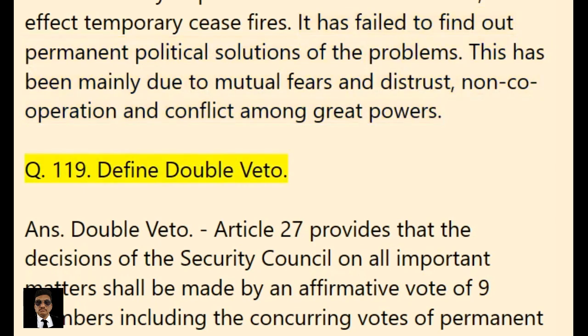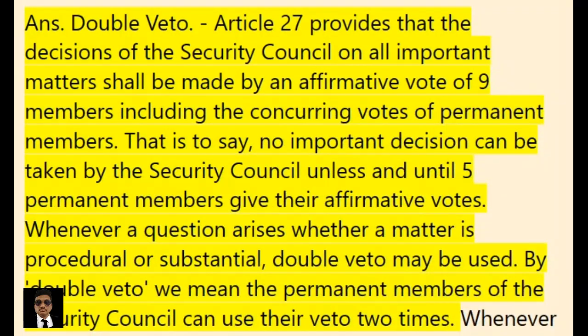Q 119. Define double veto. Ans. Double veto. Article 27 provides that the decisions of the Security Council on all important matters shall be made by an affirmative vote of 9 members, including the concurring votes of permanent members.